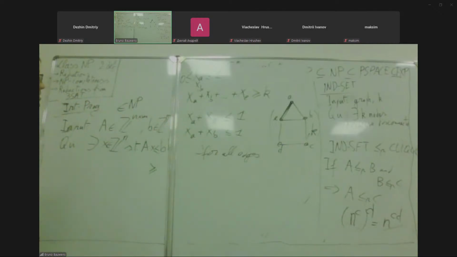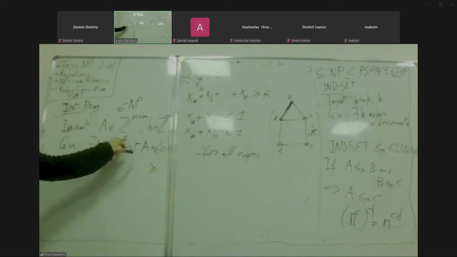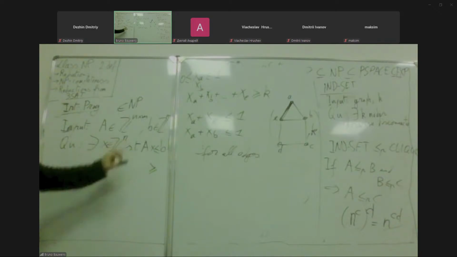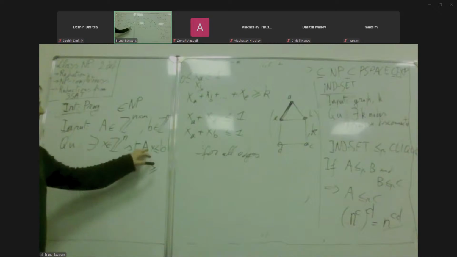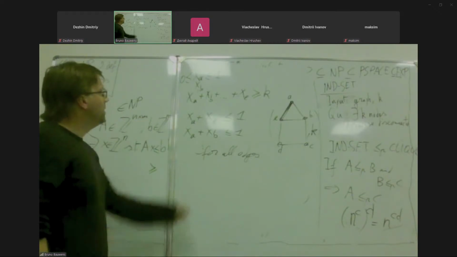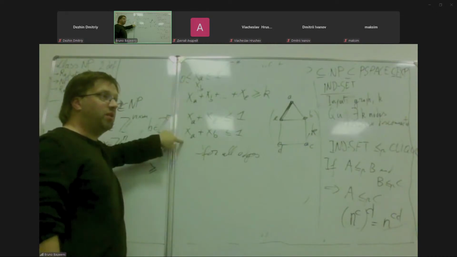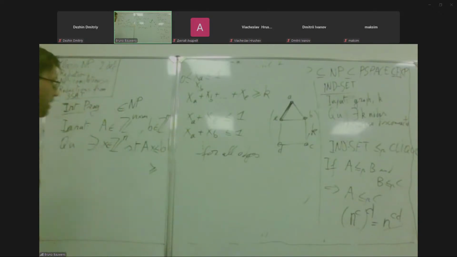Okay. So now what are the values of N and M in this reduction? The number of variables is the number of nodes. And the number of inequalities, M, will be equal to twice the number of nodes plus 1 plus the number of edges. So quadratic in the number of nodes.